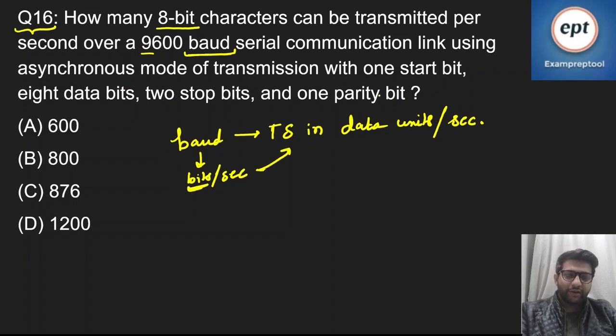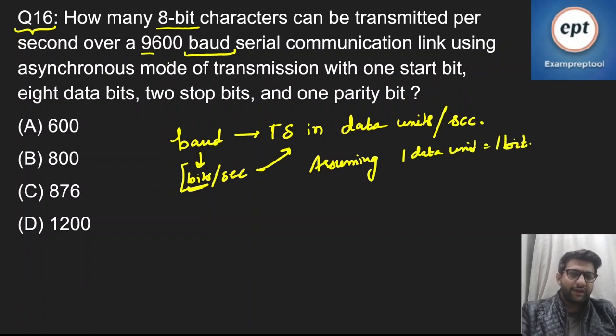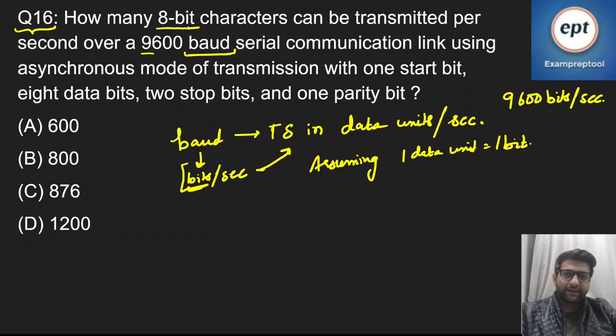Now here the data unit is not given, so we will assume that one data unit is equal to 1 bit. So we can say this is a transmission link with the speed of 9600 bits per second. Now the character size is given as 8 bits, and each message will have one start bit, 8 data bits, 2 stop bits and 1 parity bit.